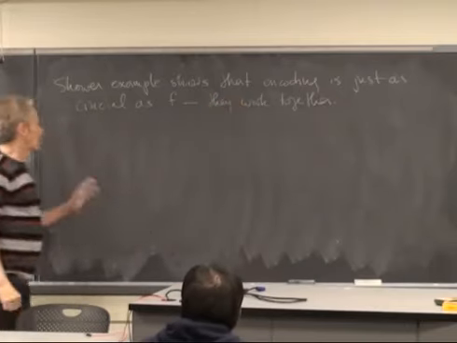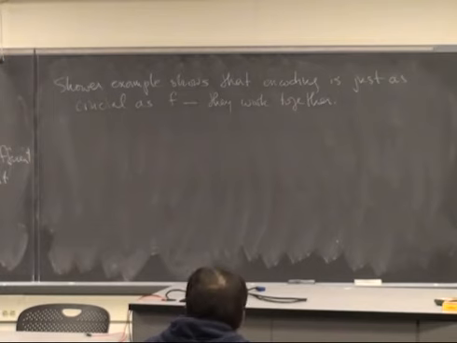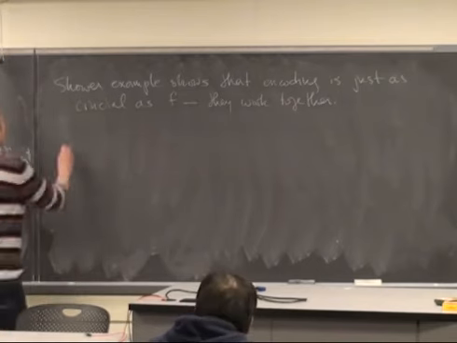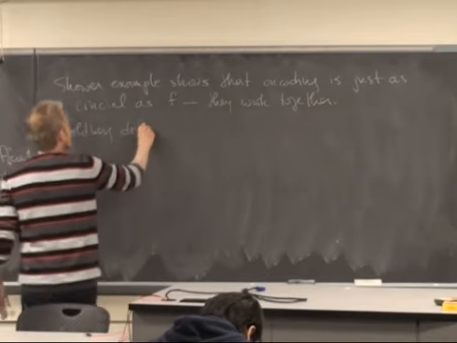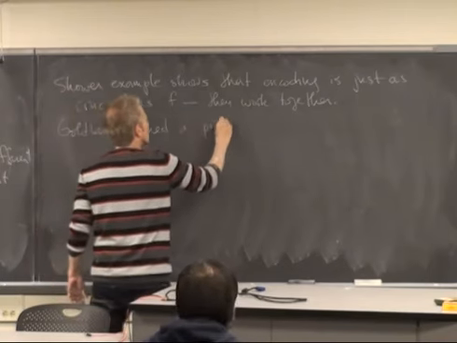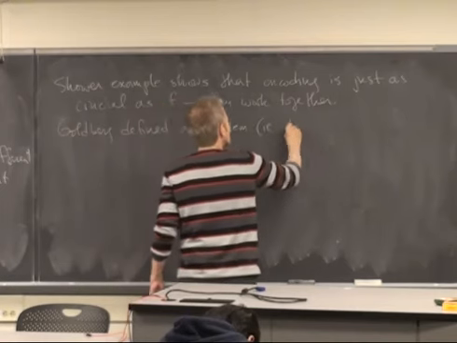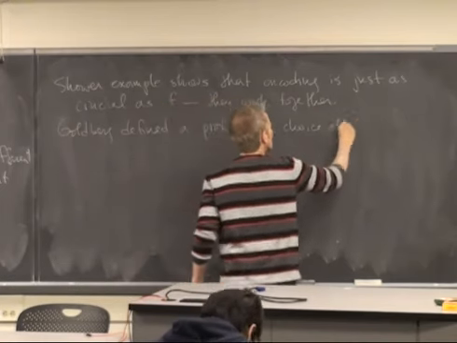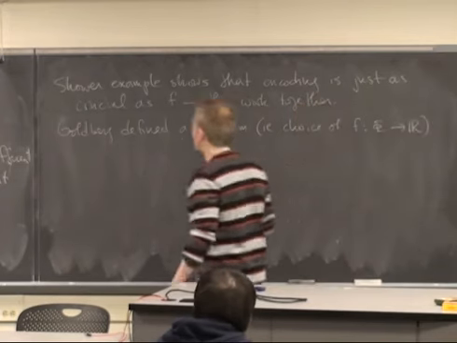Okay, so carrying on with this kind of misguided view, Goldberg defined a problem, in this case a choice of fitness function, as GA hard.